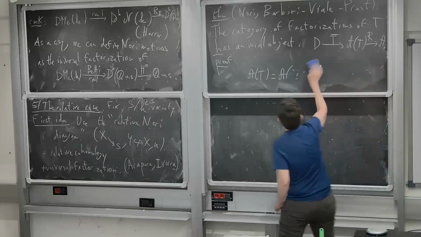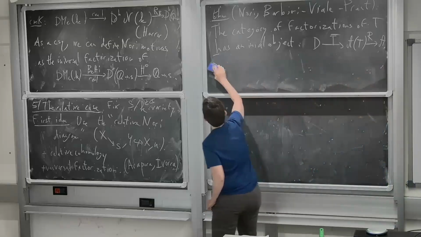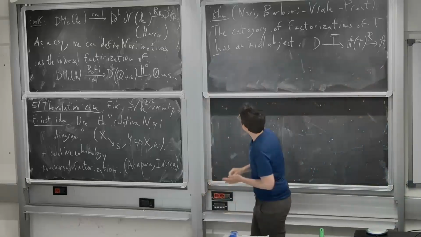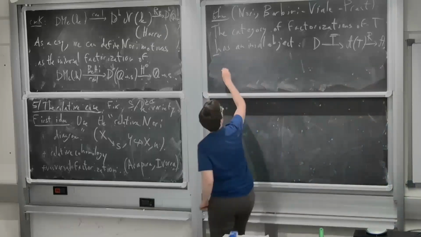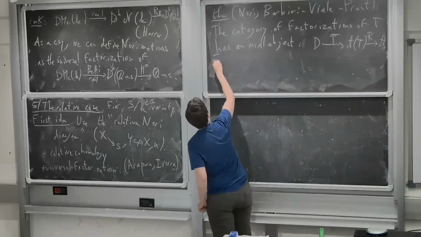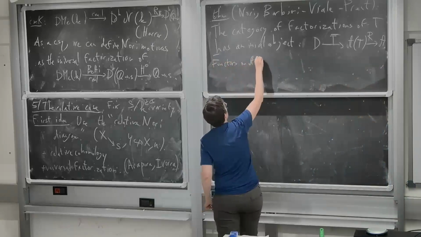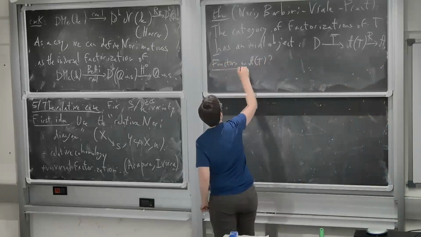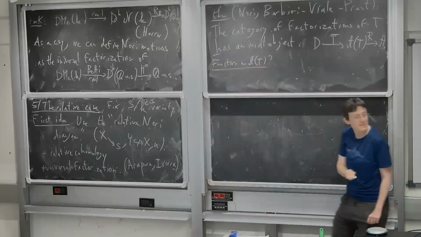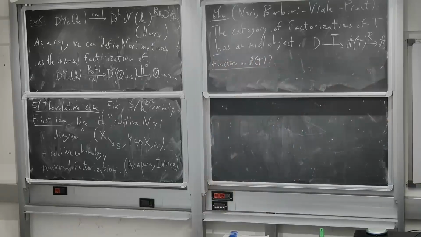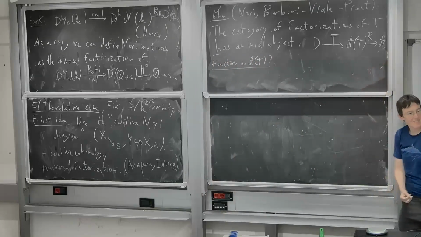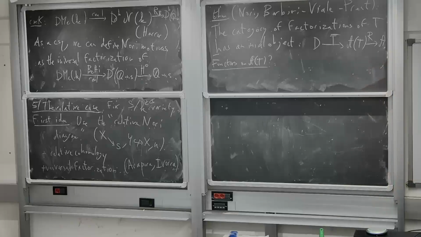Maybe I don't erase the universal property yet. How do you define a functor on this that is not just going through this, of course?